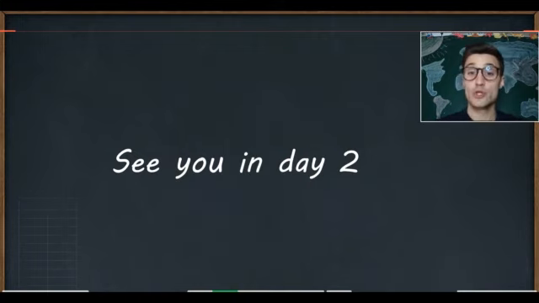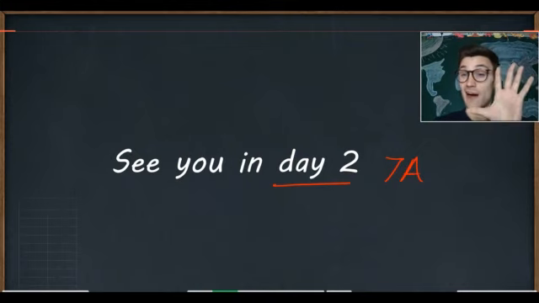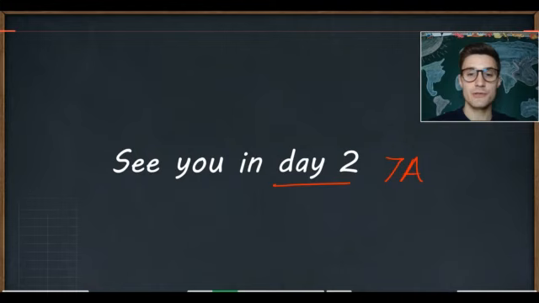Remember to also join me for the next class in day 2. You will need to bring along word list 7 and activity 7a from your Wordly Wise book 5. So remember to bring your word list 7 and activity 7a for our next lesson.